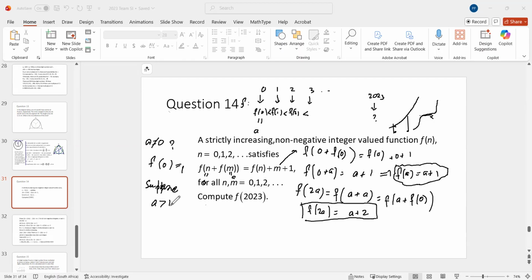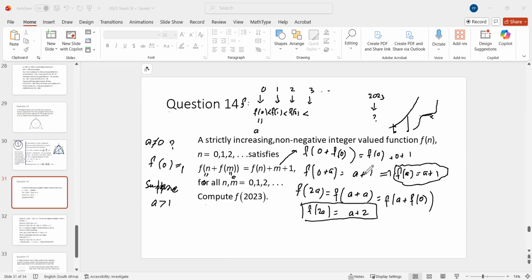I want to come to a contradiction. If a is greater than 1, I want to prove that this is impossible, in which case a will be forced to be equal to 1. You see? It's not greater than 1, it's not 0, so it has to be 1. Right? Now, suppose a is greater than 1.